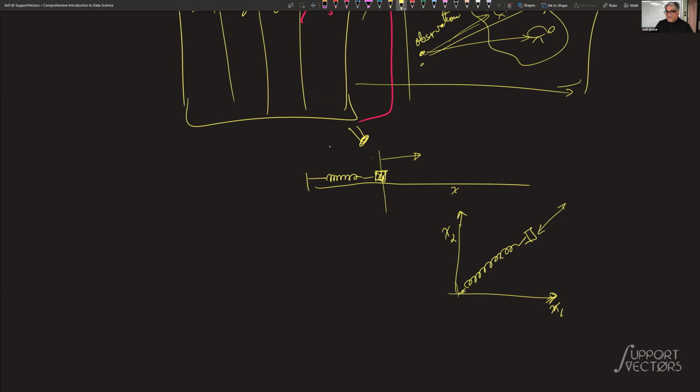Let's say, as it is oscillating, periodically the camera is taking an observation of where the location of this point is. Let me call this point P. Right? So you will end up with things like X1, X2, and you will end up with a lot of measurements. Does that make sense, guys? You'll end up with some location, then another location, then another location, lots of locations of that point as it oscillates back and forth.